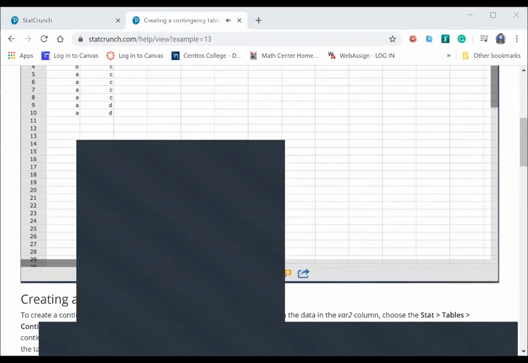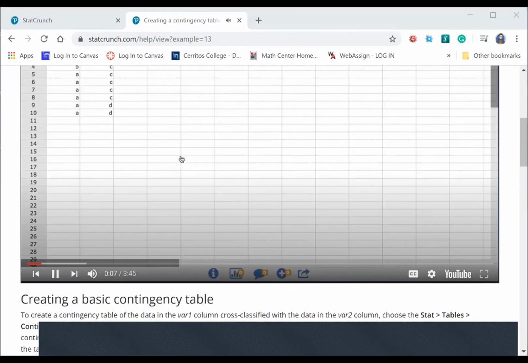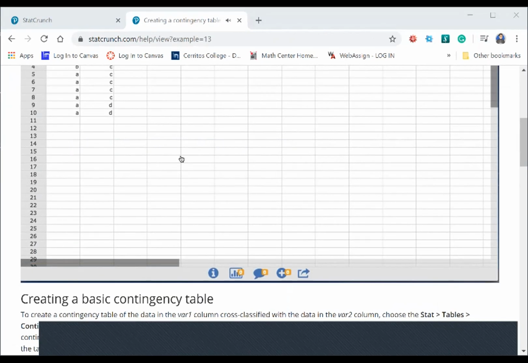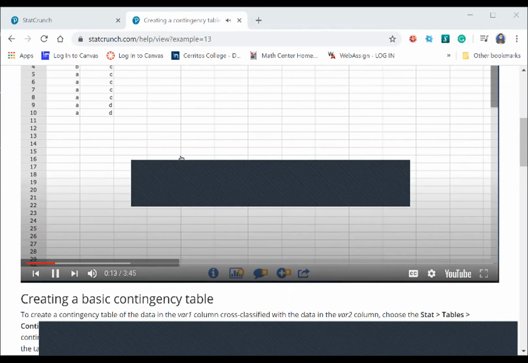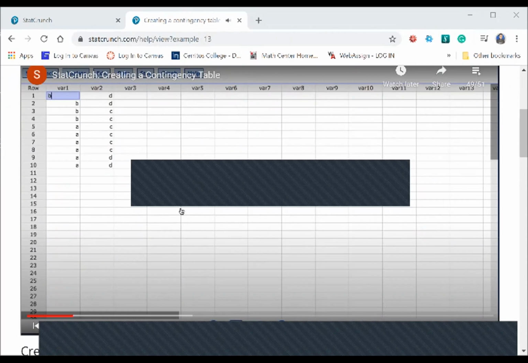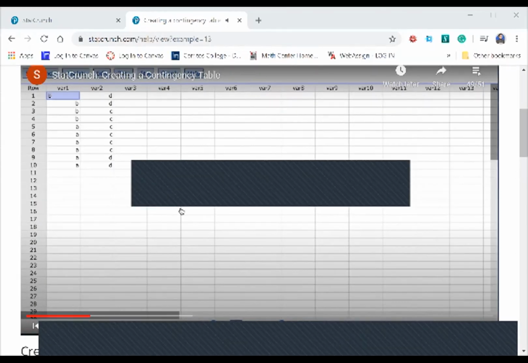In this video, you will learn to create contingency tables. The data set I am using is called 2 categorical variables. This is 2 columns of data. The value B in 4 rows and the value of A in 6 rows. The var2 column contains 10 values as well, the value of C in 6 rows, and the value of D in 4 rows.